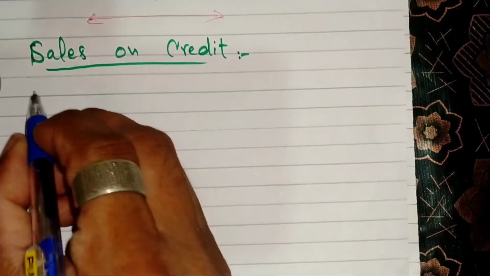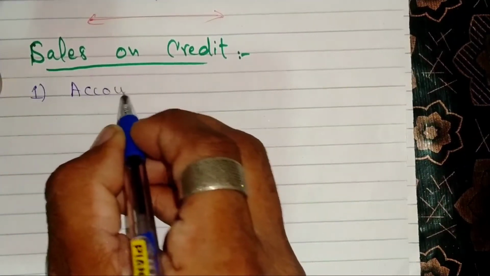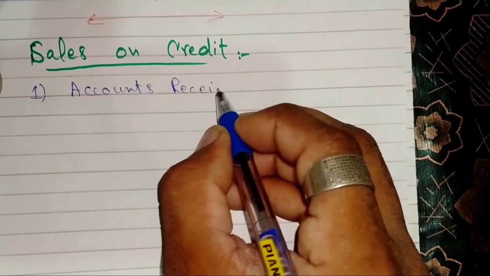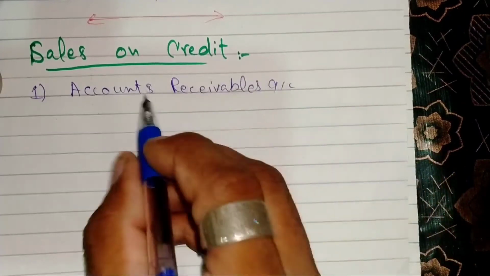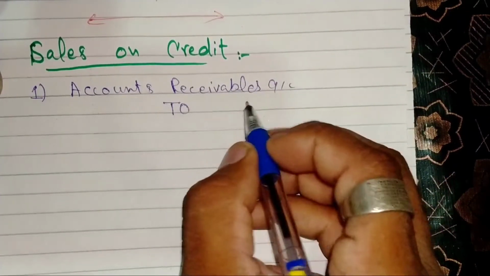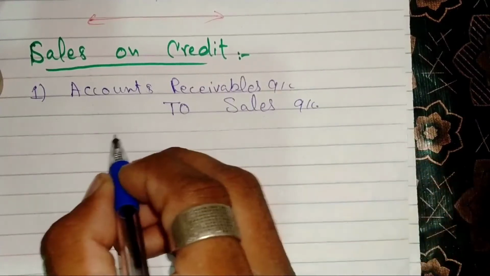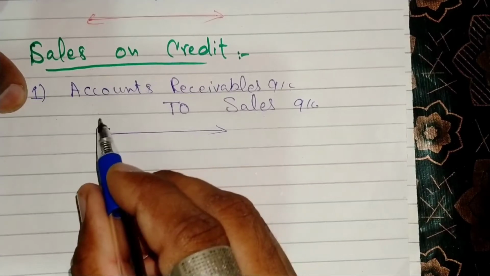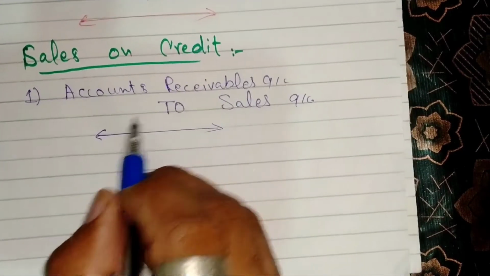First is accounts receivable account debit to sales account credit. This is the first way to enter the transaction in the journal account.